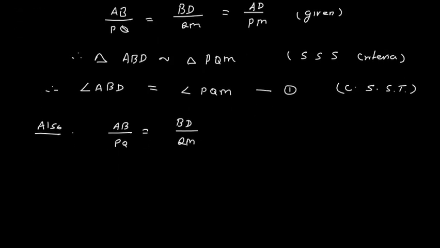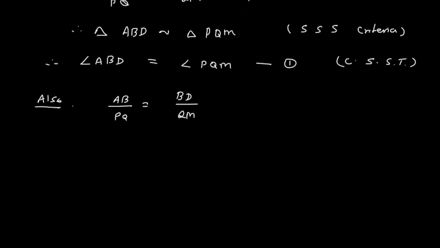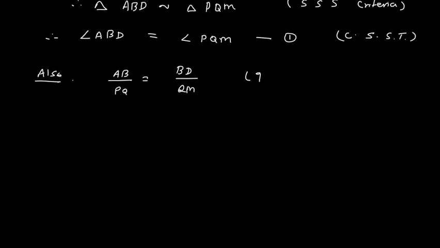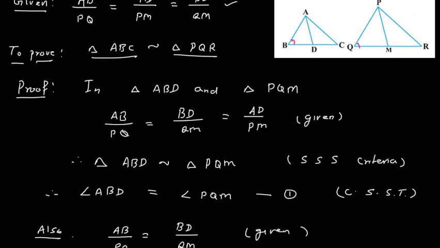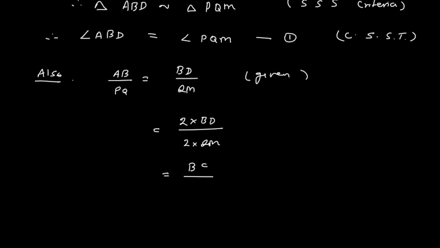It is given. So I will multiply this BD by 2, so this will be equal to 2 times BD upon 2 times QM, and 2 times BD will become BC and 2 times QM will become QR.